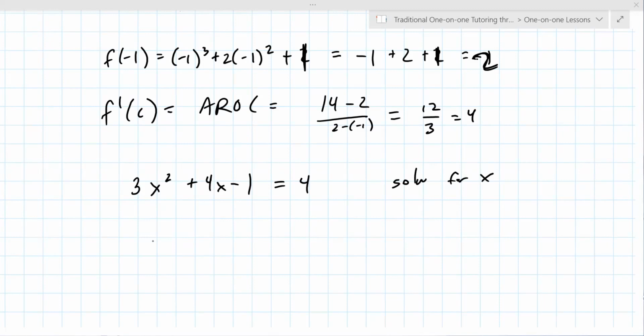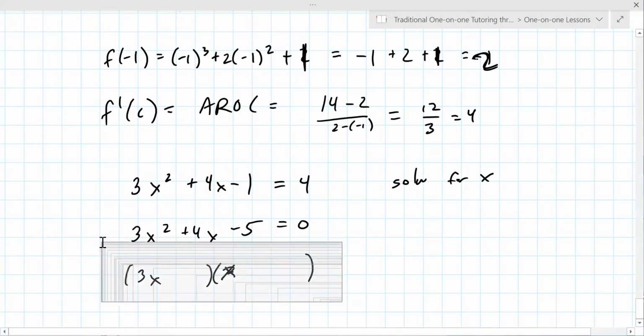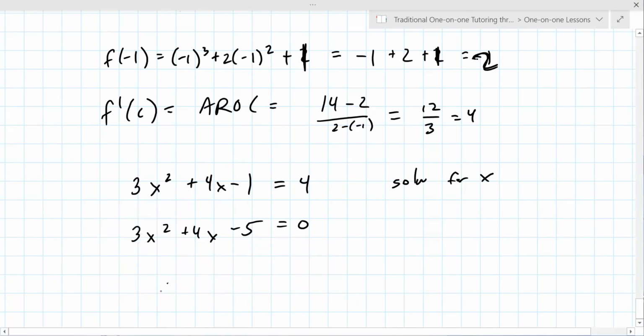So the way you do that is you subtract 4 from both sides, and then you FOIL or factor. So you get like, does this one even work? Oh, this one requires the quadratic formula. So the quadratic formula gives you 2 numbers.